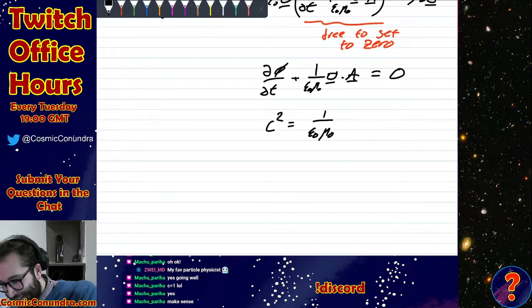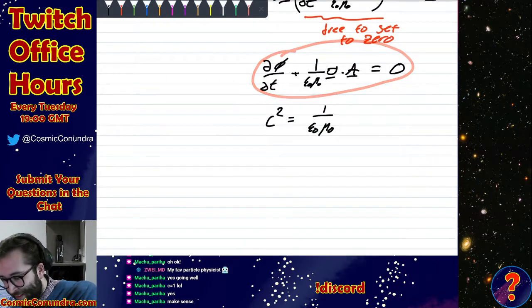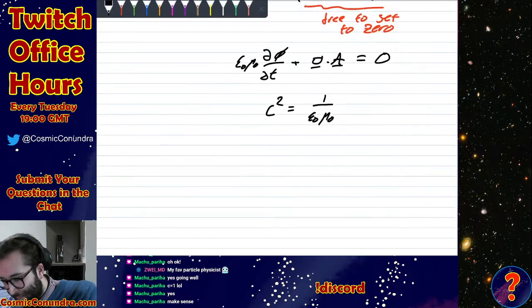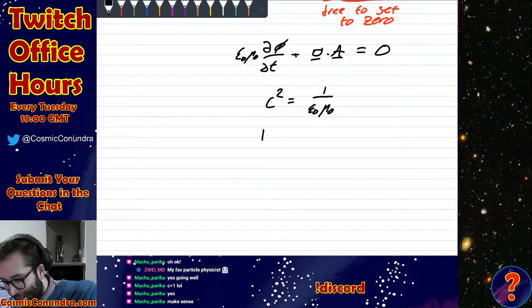Okay, so I'm going to rewrite this. Well, actually, what I'm going to do is multiply this whole thing by epsilon naught mu naught, so that I have epsilon naught mu naught and get rid of this instead, because this is actually a little nicer. Okay, so I'm writing this as 1 over c squared d phi dt plus div of A is 0.